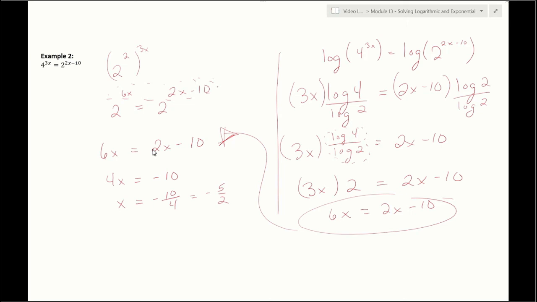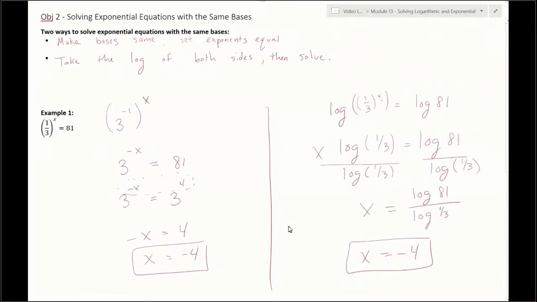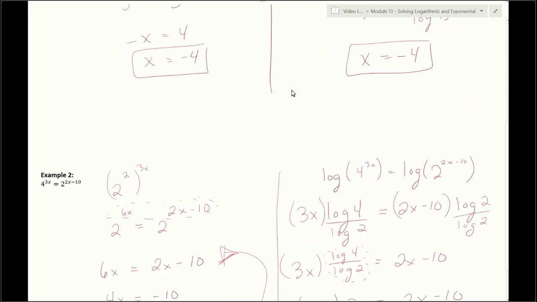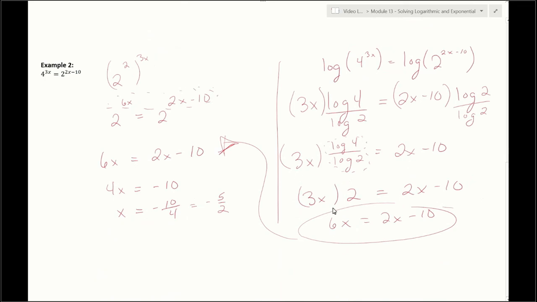So using the logs isn't as efficient, but we didn't have to change the bases. All right, and you can guess where we're going to go with the next video. In the next video, we won't really have a choice, and we'll see how that affects how we solve these exponential equations.